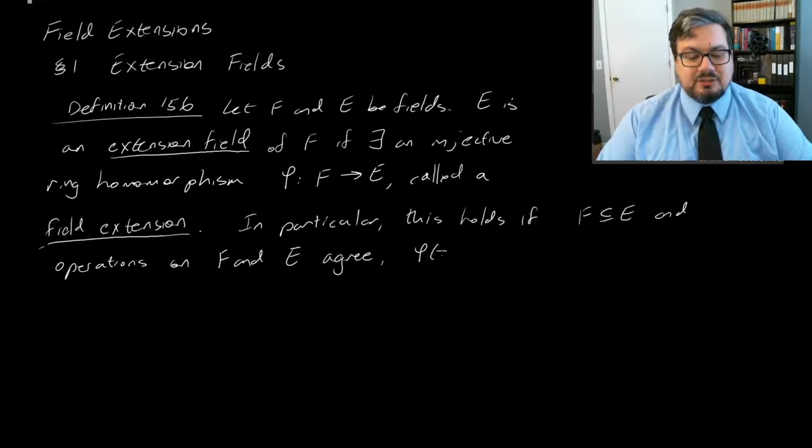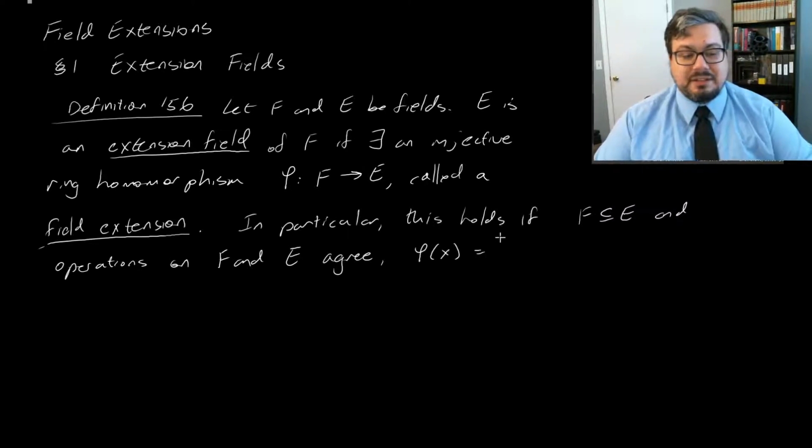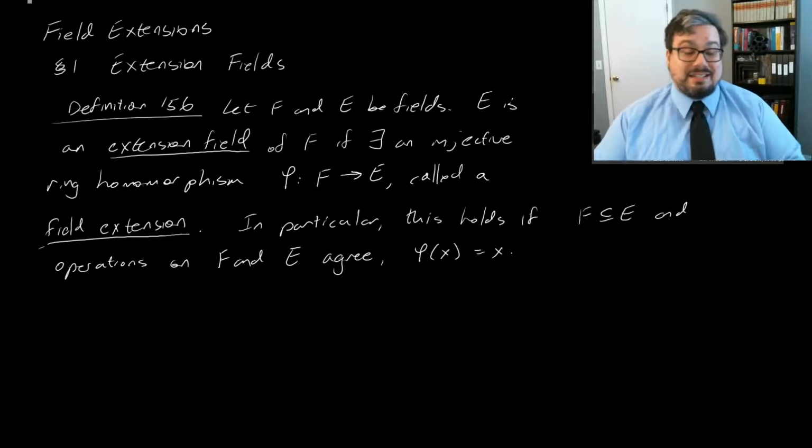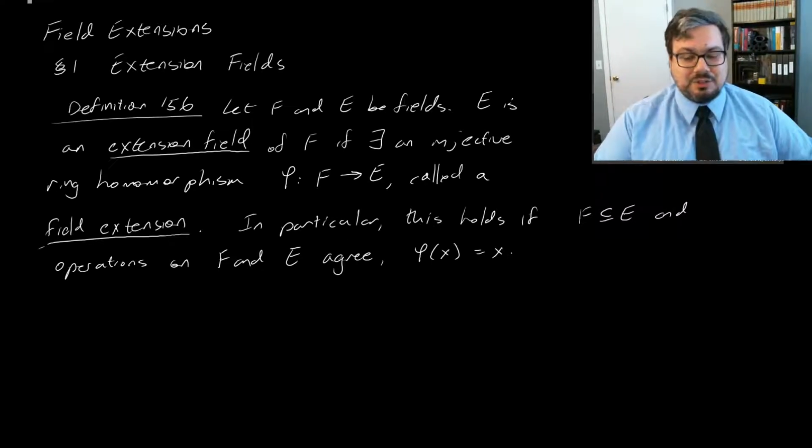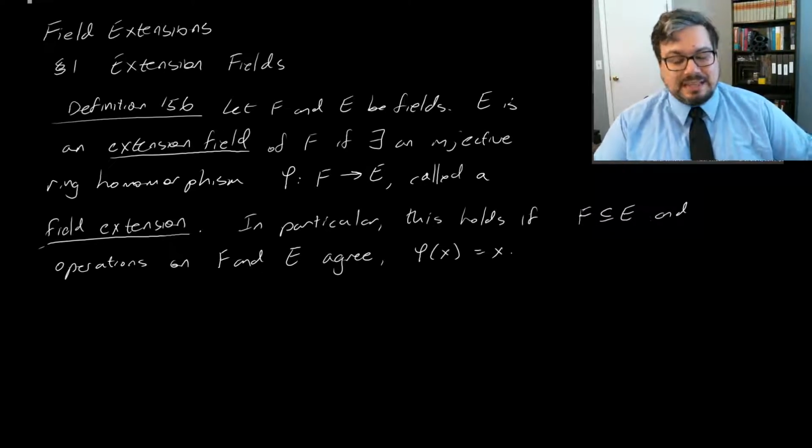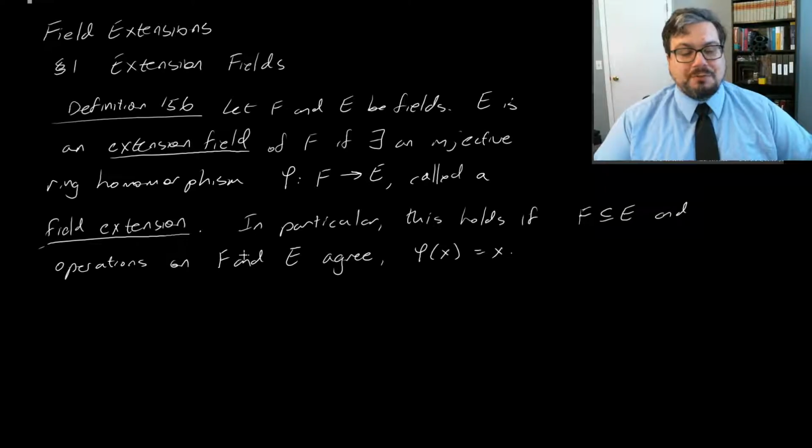In which case we can just take the field extension to just be the identity, which takes every element to itself, because F's a subset of E. That's a function from F to E, and it's a ring homomorphism because the operations on F and E agree.